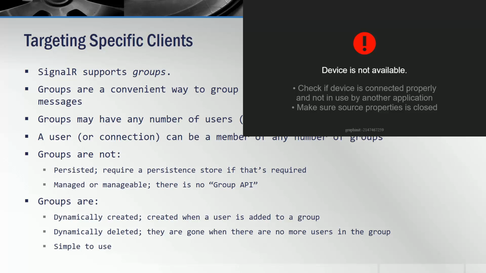You can't say to the SignalR server, hey, what groups are there? That doesn't exist. If you want to do that, you have to write it yourself. Can you do that? Absolutely, we can write code. But it's not there as a part of SignalR. They are dynamically created. You don't go in and say, create group, do this, do that. No. As soon as a client joins a group, that creates it.